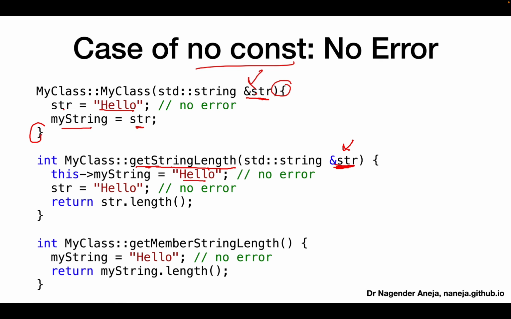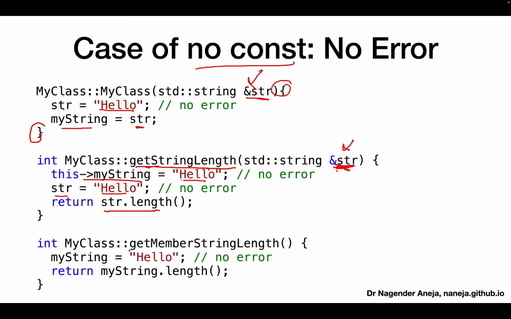But what it does is it changes my string to hello. Second, it replaces this string also, and then it returns the length of the string, right? So it is making changes at two places. First, this is changed, and second, the member variable is also changed, which is not required here.